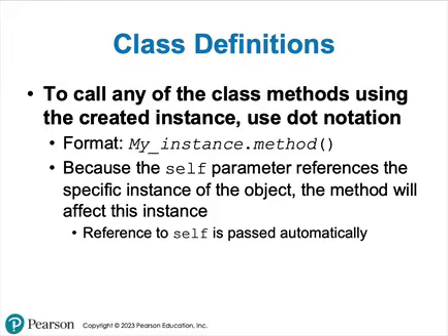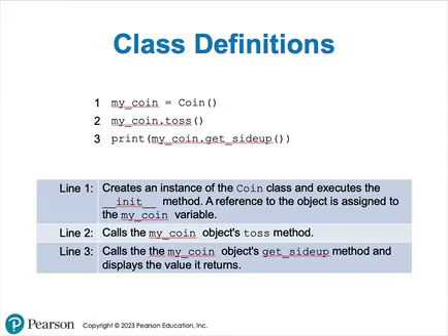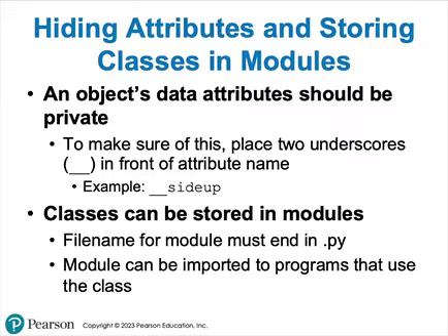The reference to self is passed automatically because it's required. So here we're creating a coin, we're tossing the coin, and then we're printing out whether it is heads or tails. That's all I'm going to say about it, but line by line it's telling you what you are doing, and we've talked about that already.